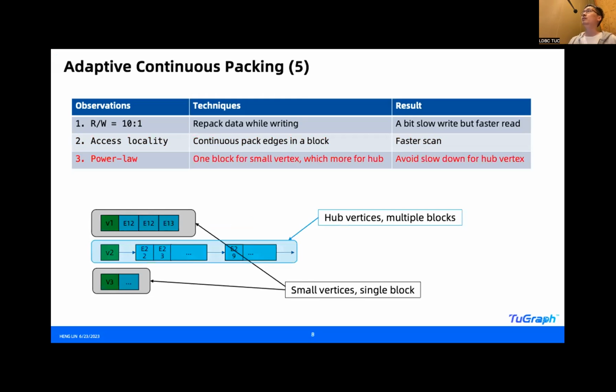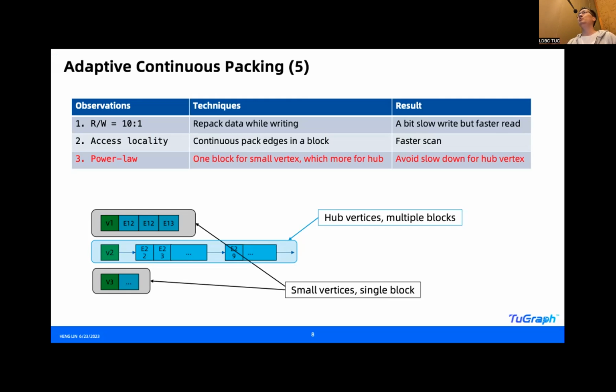And the last is the power law. Some vertices have more edges and some have fewer. When it is a small vertex, all its edges can be packed in one value of the vertex, and when it is a hub vertex, we split the value into multiple blocks and store them in the KV with multiple key values.